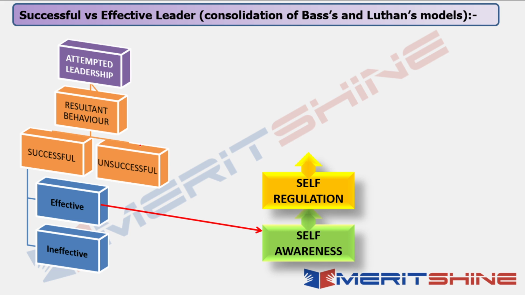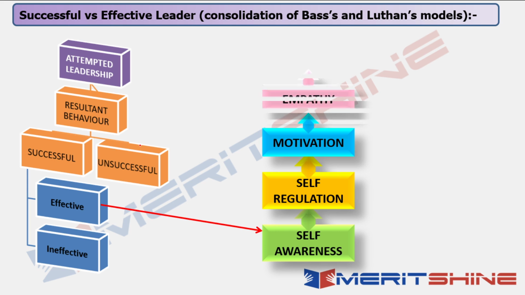He should assert himself in the areas where he needs to, and not assert himself in the areas where he should not. Then he should motivate his people, his fellow officers, his fellow employees, to achieve. And then he should also show empathy. He should feel like the people.